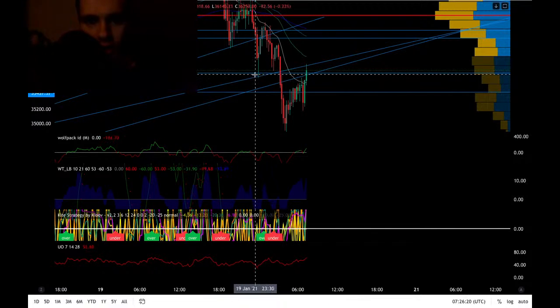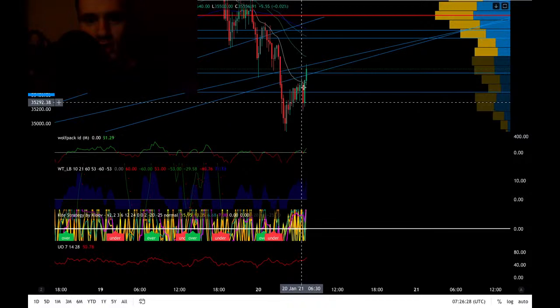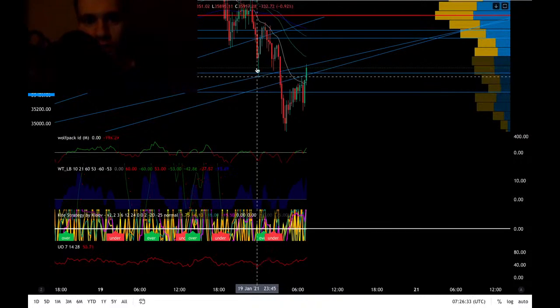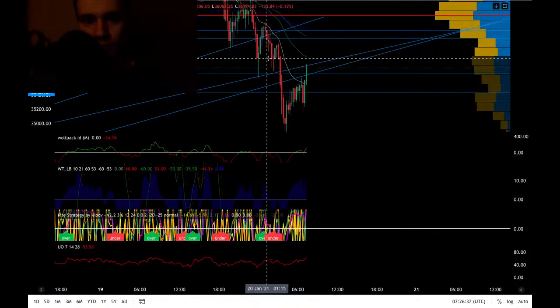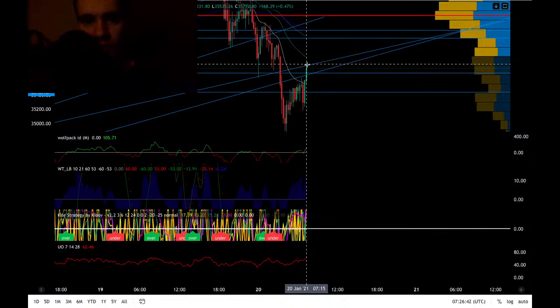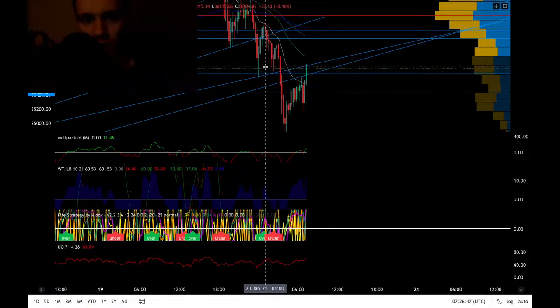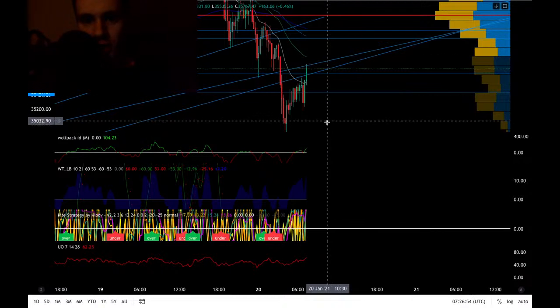You have the support, come down, support, come down. Right here another support, come into this price action, and basically we're looking for flipping this right here. So if we break above this in the immediate short term, definitely we will see some higher price action.